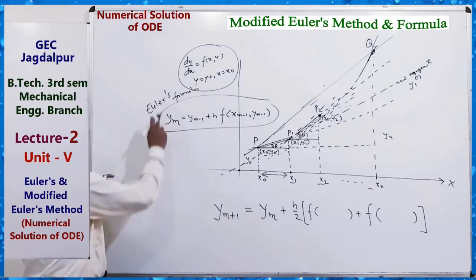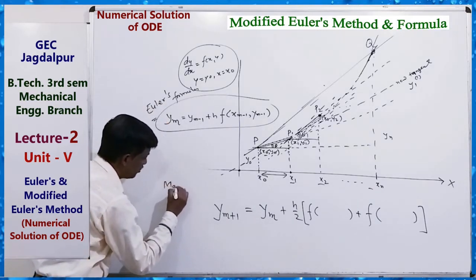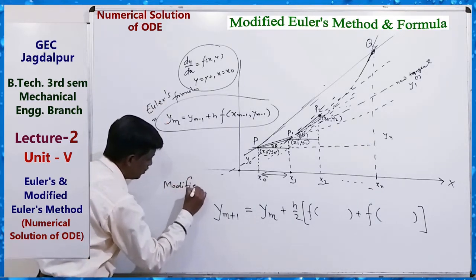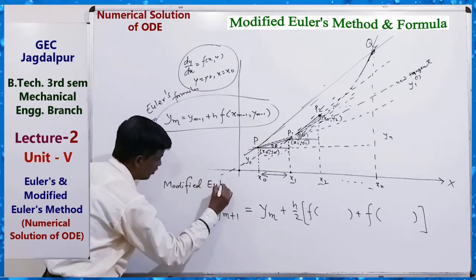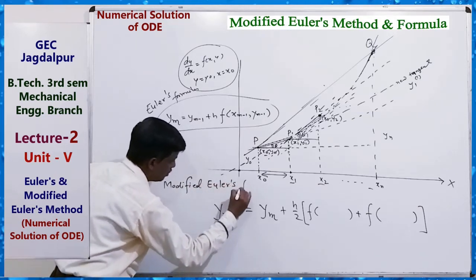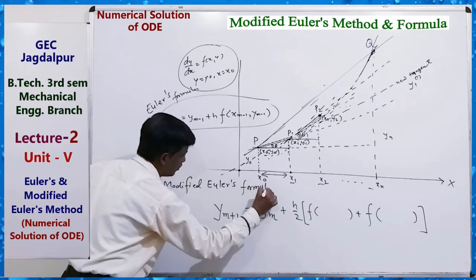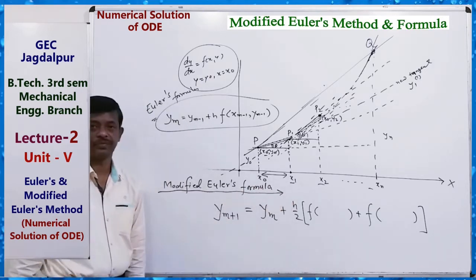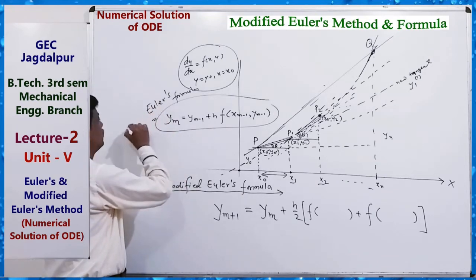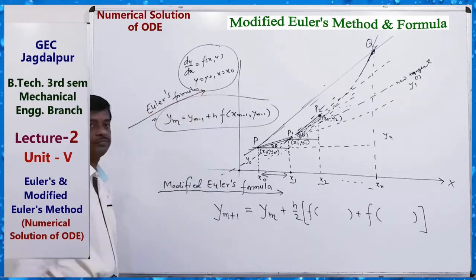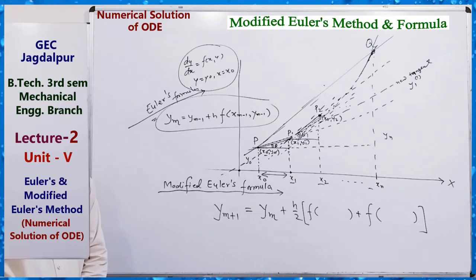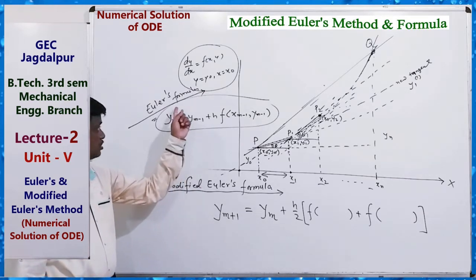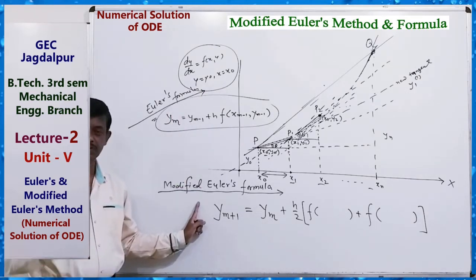This is Euler's formula, and this is the modified Euler's formula. Clear? So what is the modified Euler's formula?